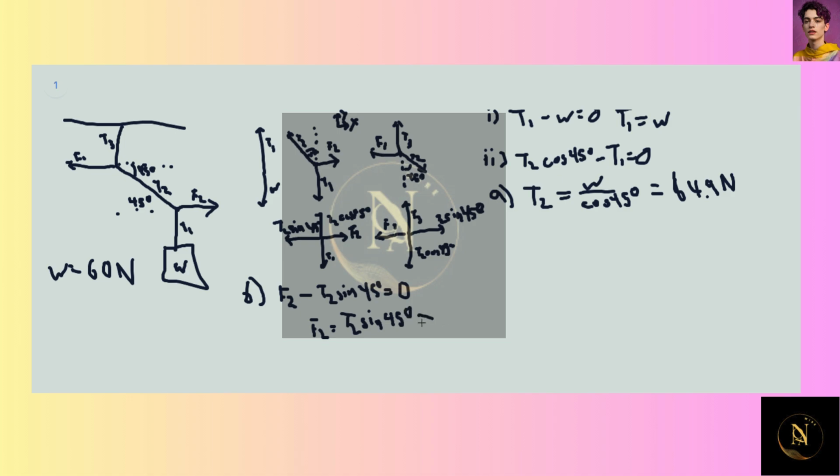And we can substitute in T2. So we had W and then the sine of 45 divided by cosine of 45. So that would just be the tangent of 45 degrees, which is equal to 1. So F2 would just be equal to W, which is 60 newtons.